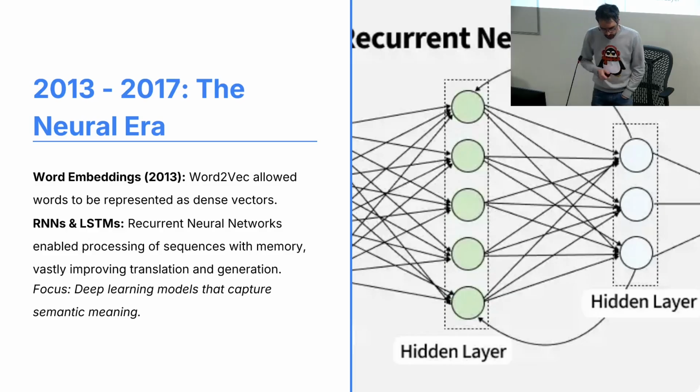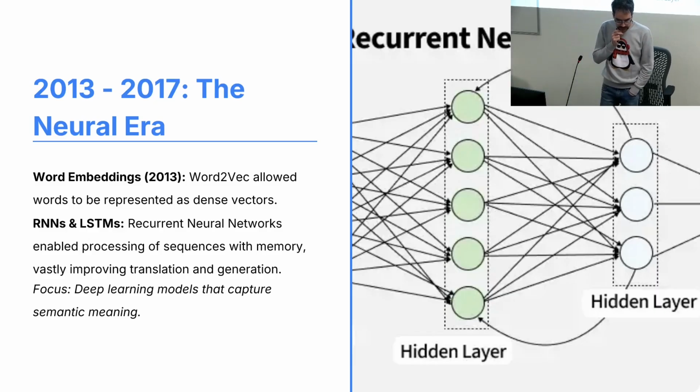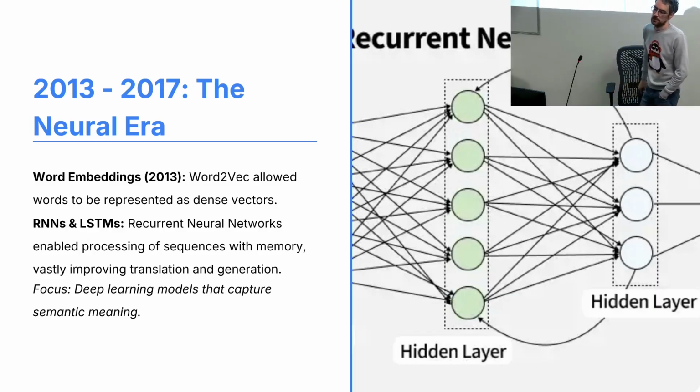Afterwards, neural networks were already used in many tasks, vision tasks, supervised learning tasks. And traditionally, this era starts in 2013 because of another research paper that had a huge impact.